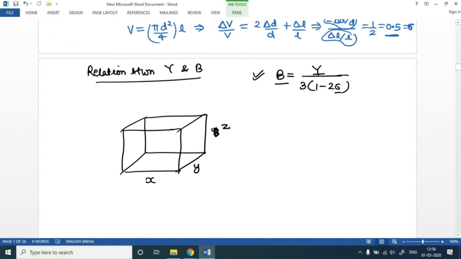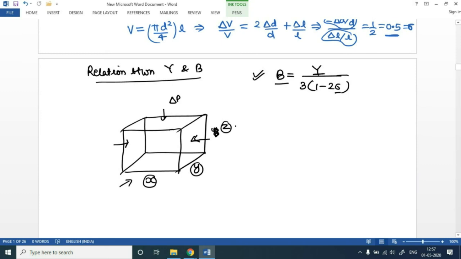We put some hydrostatic pressure, or equal pressure, from all around, where delta P is the pressure exerted from all the sides. Under this pressure, all its dimensions, x, y, and z, will decrease, so its volume would be changing as well.